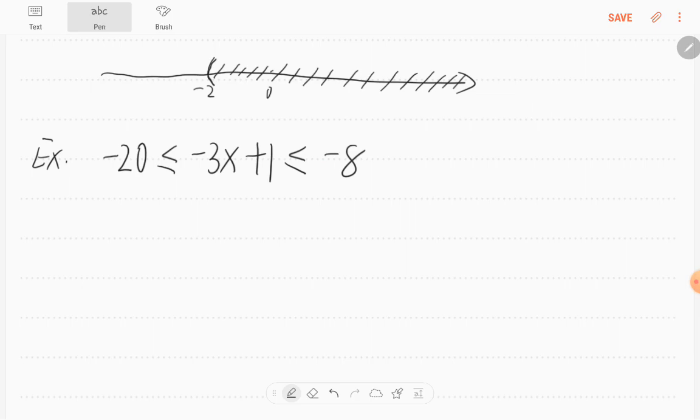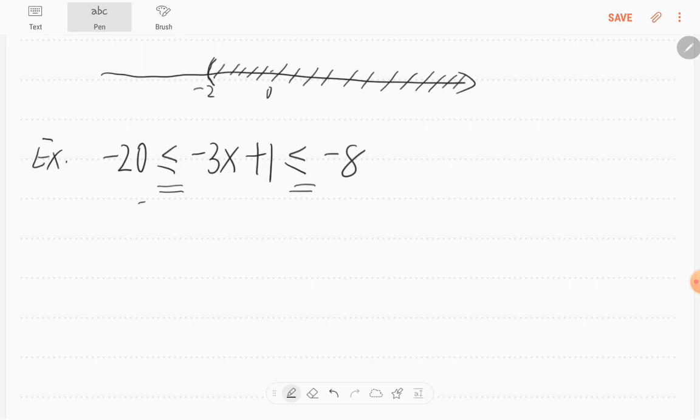This is called a double linear inequality because in this inequality we have two sides, right? So how to solve it? We still use the same idea. The first thing, we want to isolate x. Here x is in the middle, no problem, because both sides have no other x. So we want to eliminate the constant 1 here.